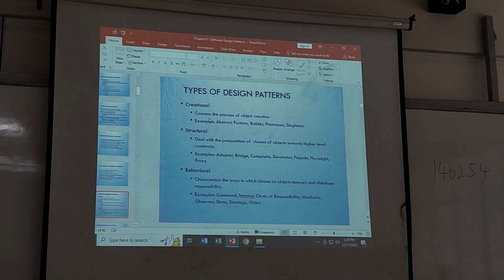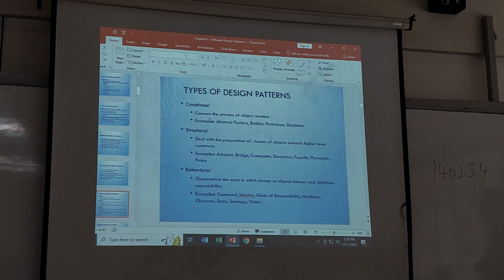Types of design pattern: 3 categories or 3 types: creational, structural, and what we call behavioral. Creational patterns refer to those patterns intended to guide us on how we are going to create an instance of an object. Okay.